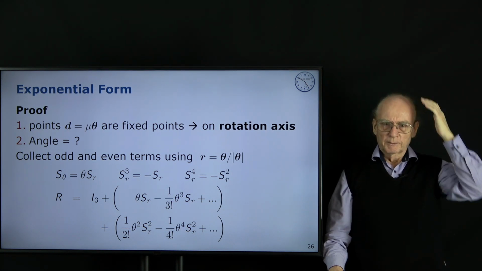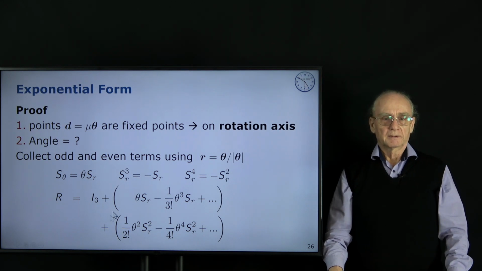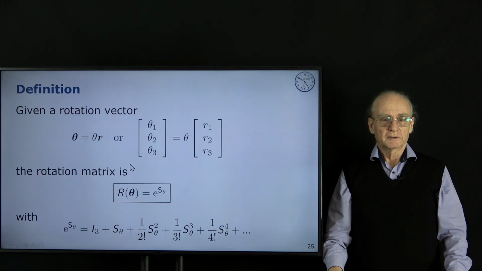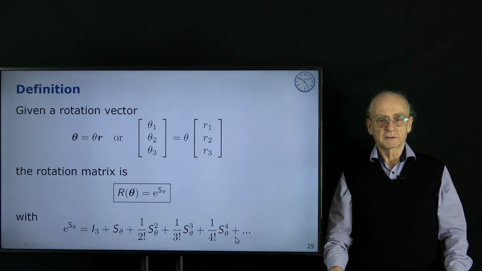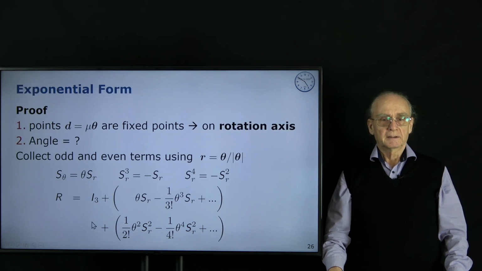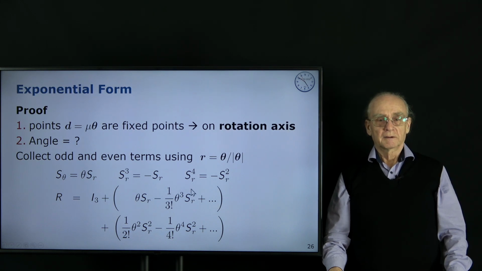What we want to do is the following. We write this infinite series in a slightly different form. We collect the odd terms, S_r, S_r to the third, S_r to the fifth, etc., and the even parts, which are S_r squared, S_r to the fourth, etc. We take into account that the square and the fourth power are related by a negative sign, and that the third power is minus S_r.